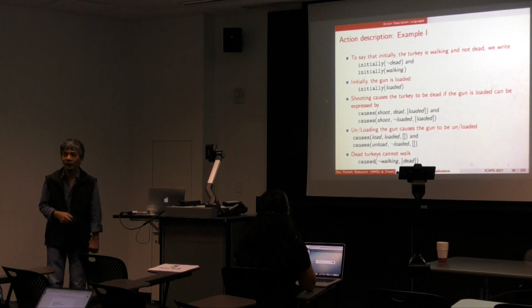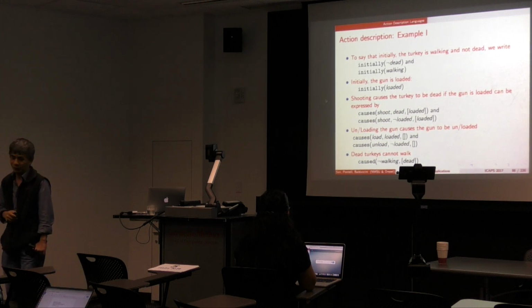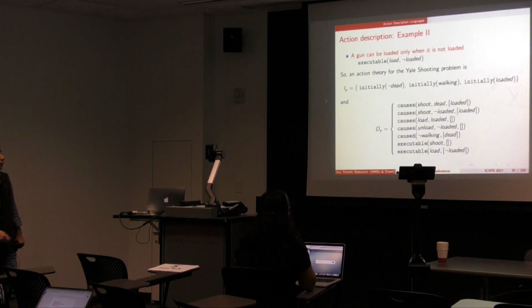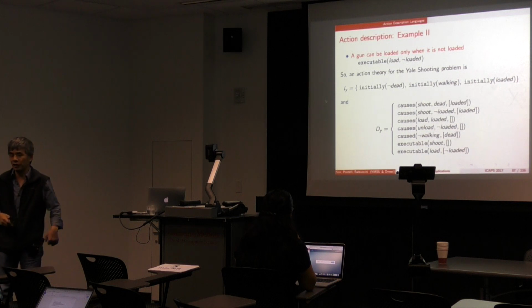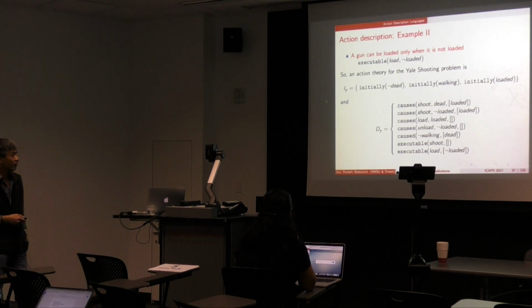If the turkey is dead, then a dead turkey cannot walk. Now we can write something like this: this is the initial state, and that is the set of laws that describe the domain.